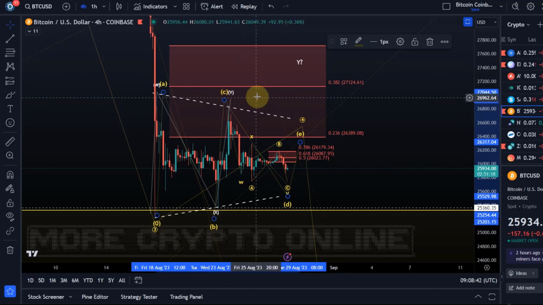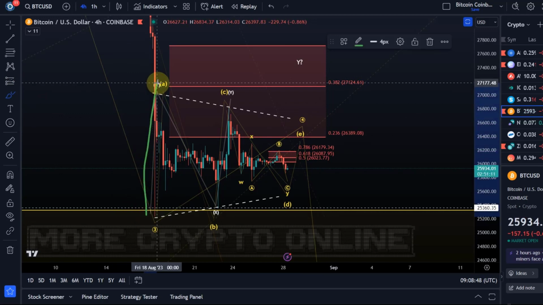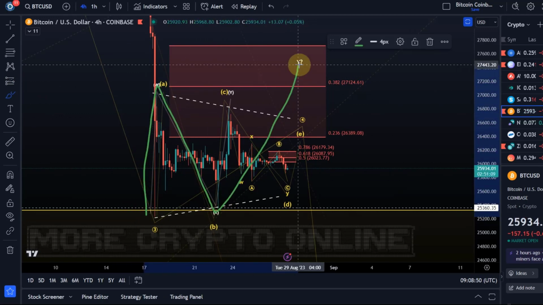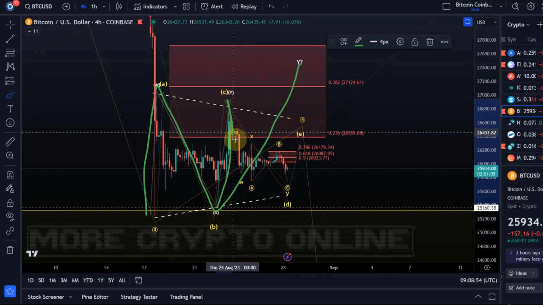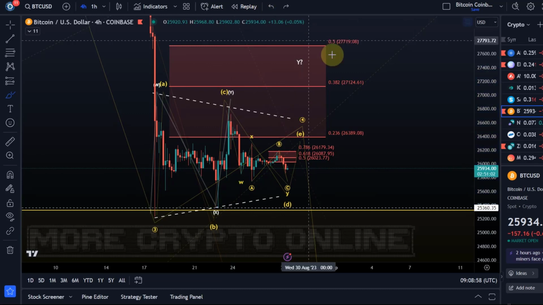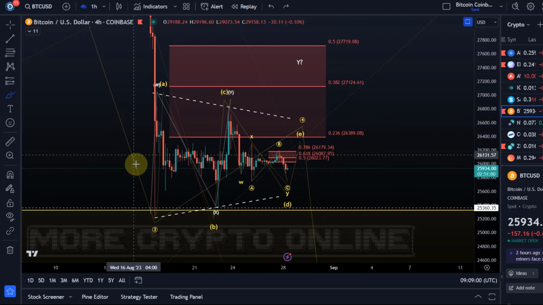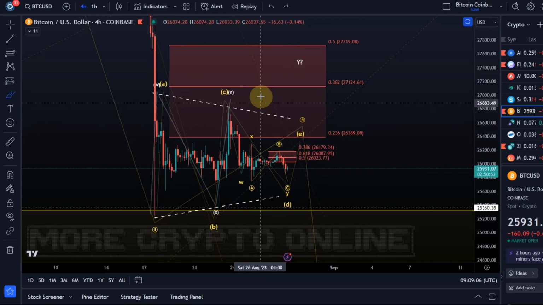If that happens, then most likely it's a different structure. It's not a triangle; it's actually this WXY structure which is then unfolding, and in the Y wave we have an A wave, a B wave, and a C wave. But again, at the moment, I think this is adhering to the triangle nicely, so I have no reason to change to another pattern.